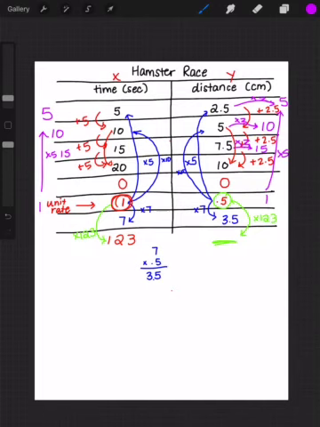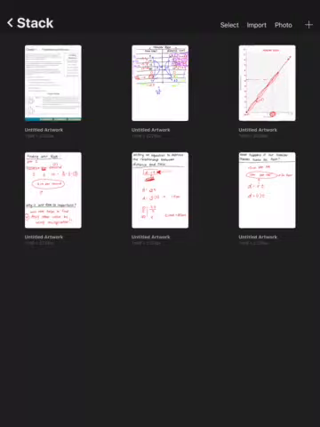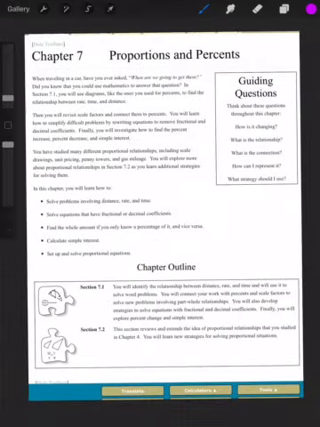It's been 10 seconds. It's been 15 seconds. But now the hamster's going twice as fast. It's hustling a little more this time. Now my distance has doubled. Okay, it's going twice as fast. It's doubling.